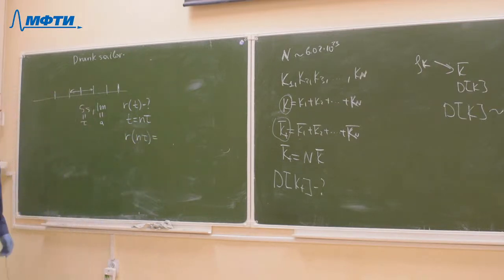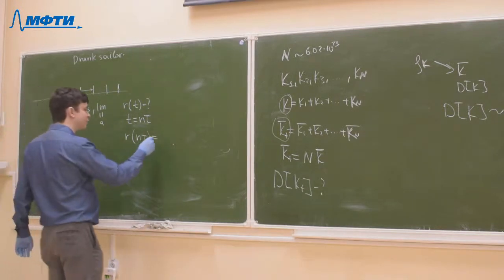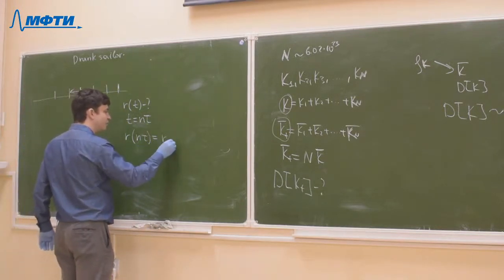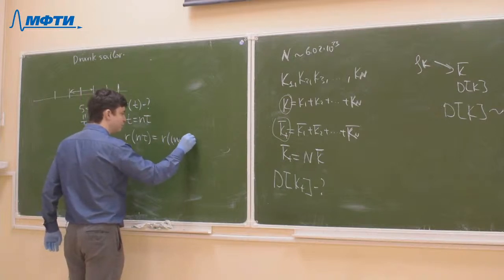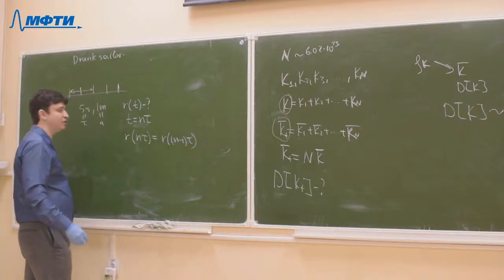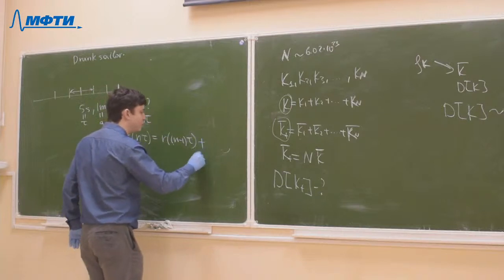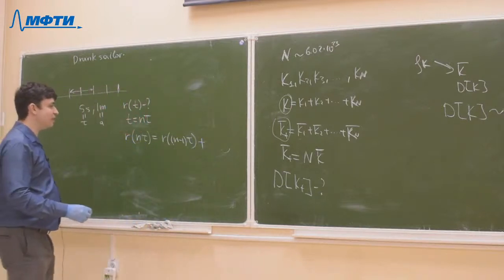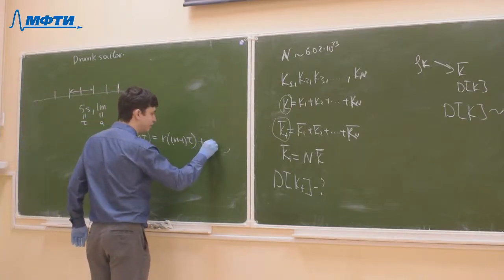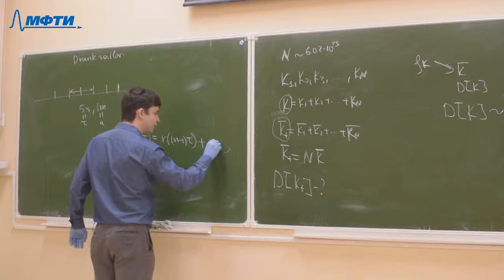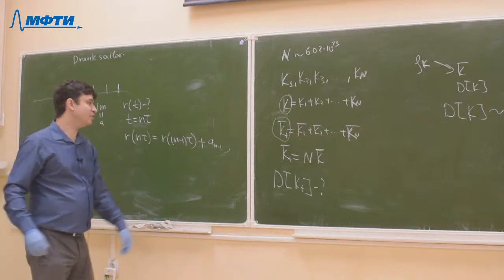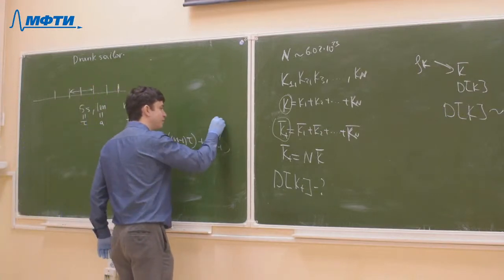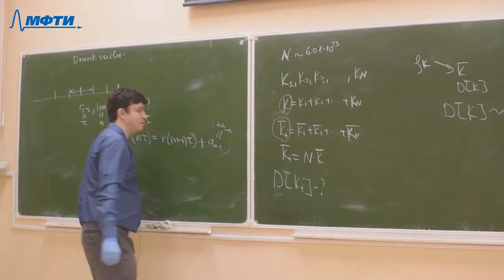And at each of these moments, the position of the sailor can be calculated from the position during the previous observation, plus some random variable a_{n-1}. This is a random variable, which can be equal to either plus a or minus a.